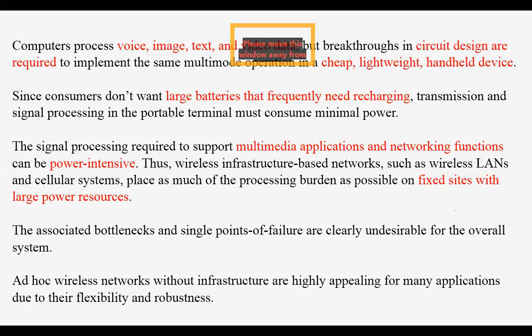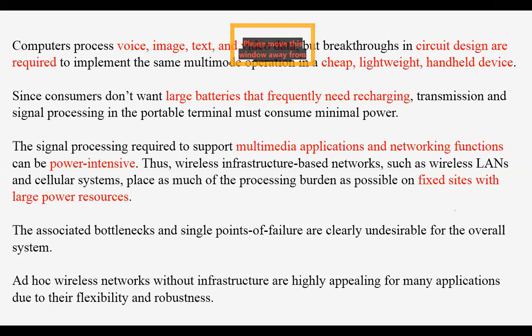Signal processing required to support multimedia applications and networking functions can be power intensive, and that's why infrastructure-based wireless networks such as wireless LANs and cellular systems place as much of the processing burden as possible on the fixed site, so that power-intensive processing can be worked out over there.